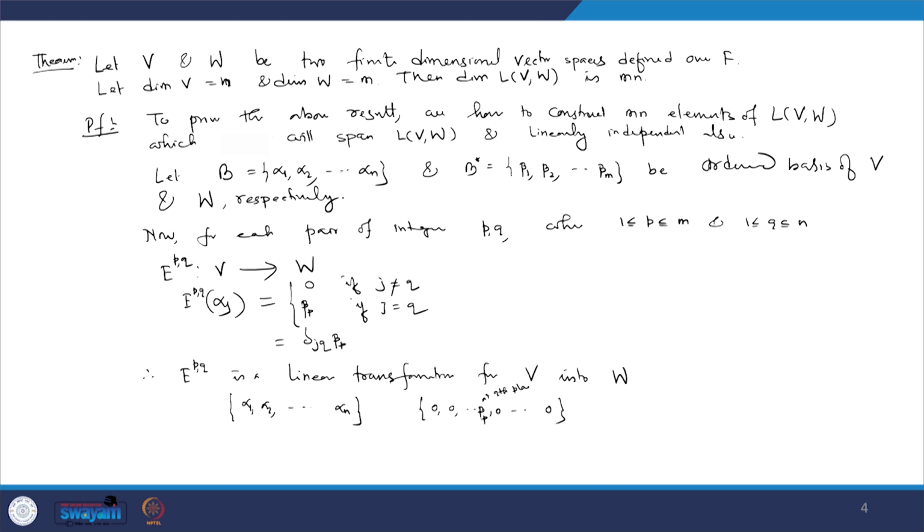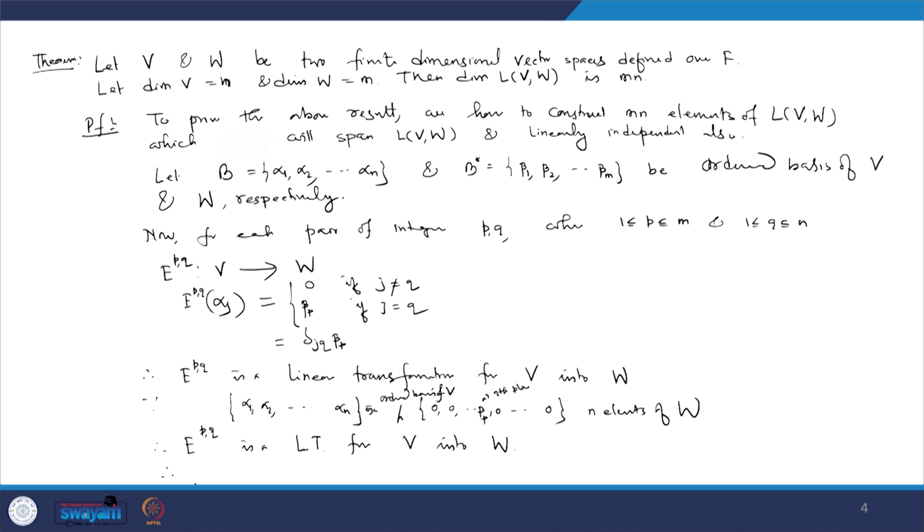Based on that, I can say that E_pq, the way it is defined from V to W, is a linear transformation. Since this is an ordered basis of V and n elements of W, and this function is mapping between these two sets, E_pq is a linear transformation from V into W.